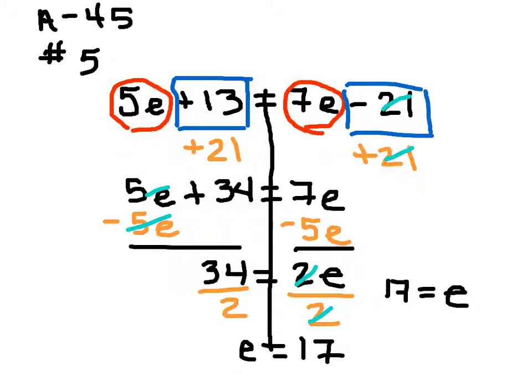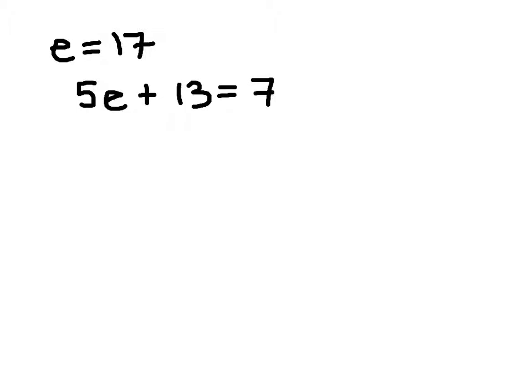So we have e is equal to 17, and that's what we're going to check. Remember from last screen, e was equal to 17, and our problem was 5e plus 13 is equal to 7e minus 31.